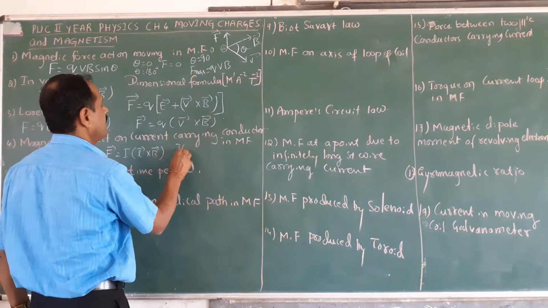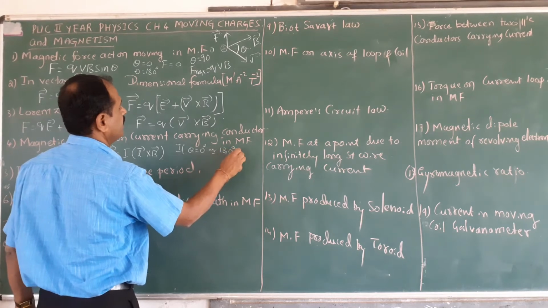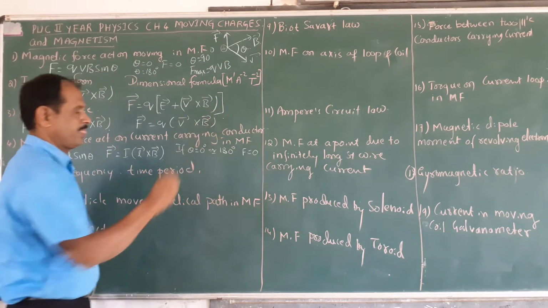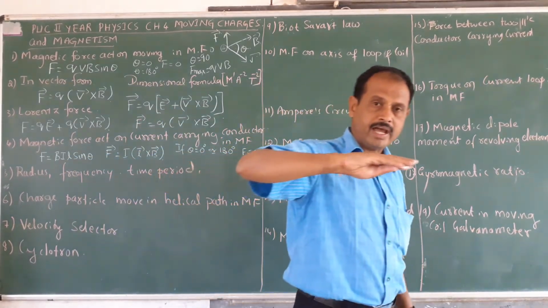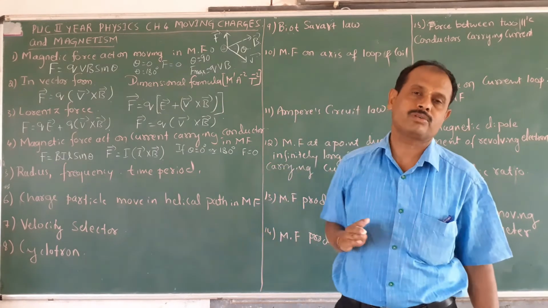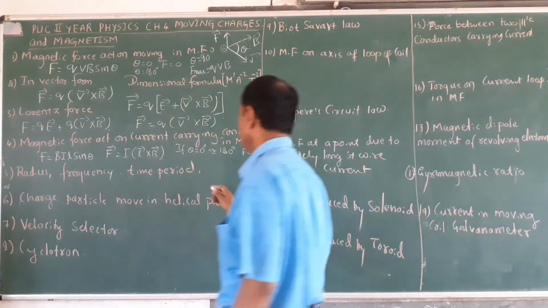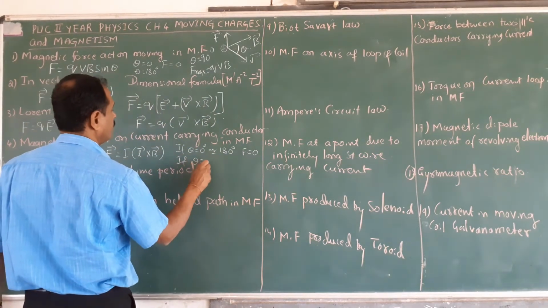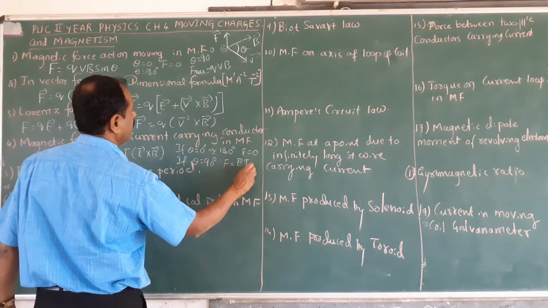If theta is equal to 0 degree or 180 degree, that is, if the current carrying conductor is placed parallel or anti-parallel to the magnetic field, no force acts on that current carrying conductor. If theta is equal to 90 degree, then F = BIL.